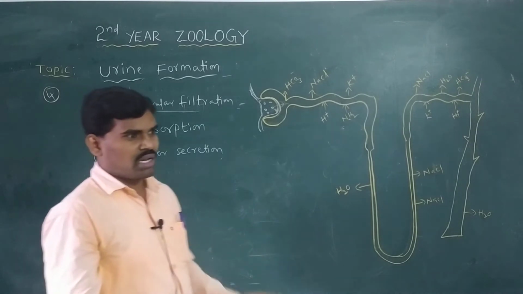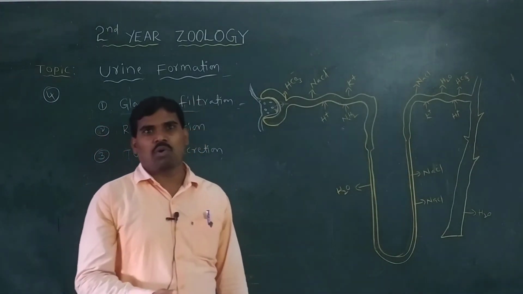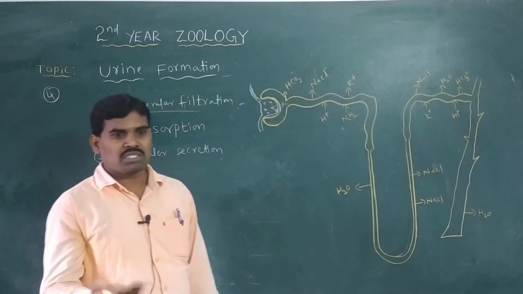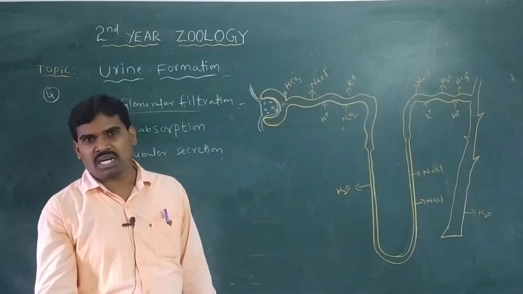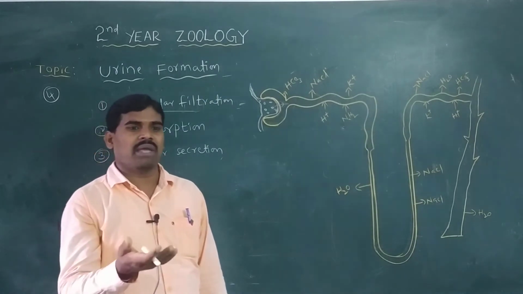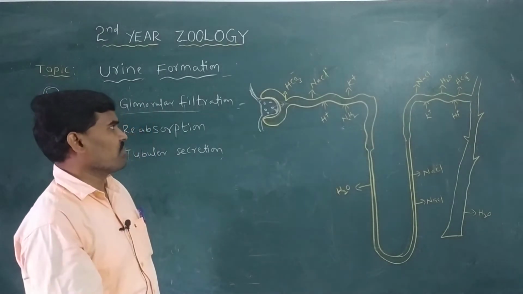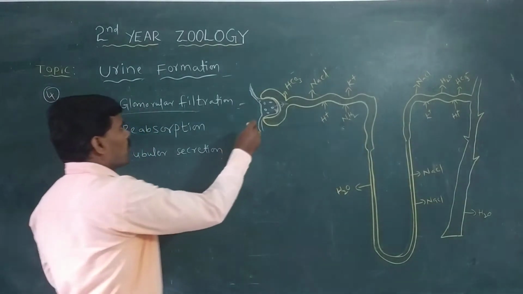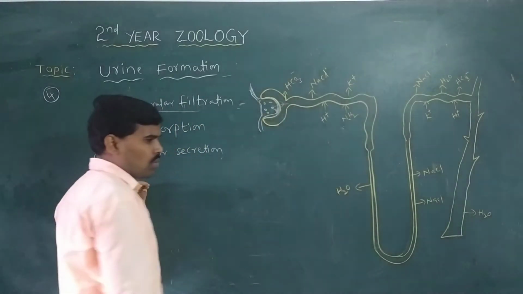For example, when you filter flour, rice powder or wheat powder, only minute particles pass through and the macromolecules remain on the outer surface. In the same way, the glomerulus filters only minute molecules.